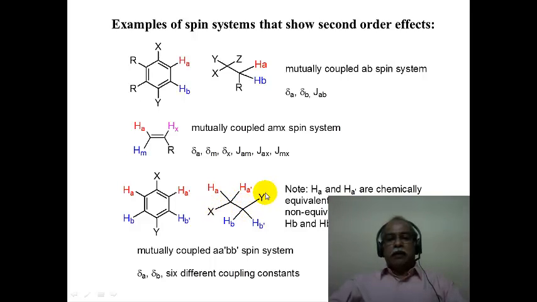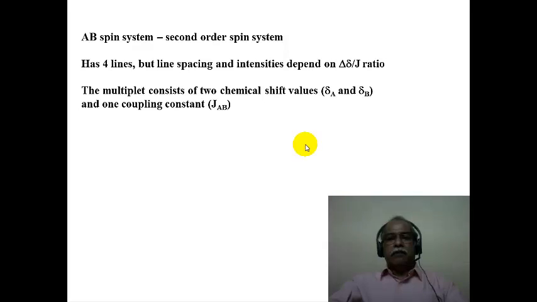Depending on the X and Y substituent, the HA and HB can be very close together in their chemical shift value, and that can present a fairly complex NMR spectrum. Typically, the spectra of alkyl chains are second order in nature, and they are fairly complex to interpret. The number of spin systems, the chemical shift value, and the J value that can be extracted is given in this slide.